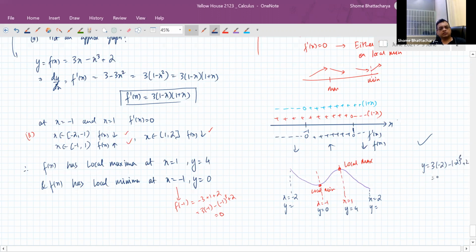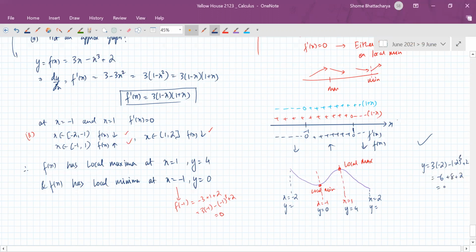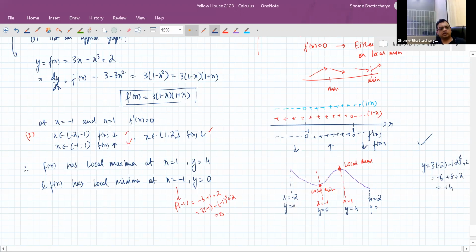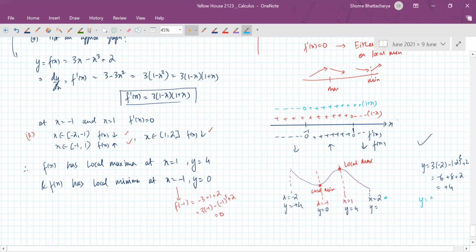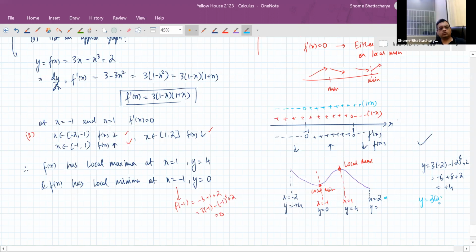So this is becoming -6 plus 8 plus 2, which is +4. Just check my calculation once. For x equal to 2, the value of y will become 3 into 2 minus 2 cube plus 2, so 6 minus 8 plus 2. Interestingly, that's becoming 0.